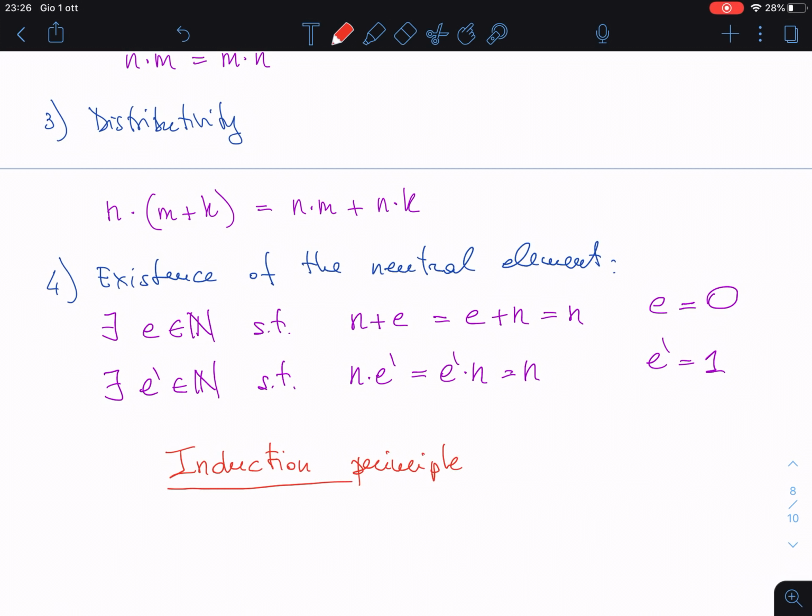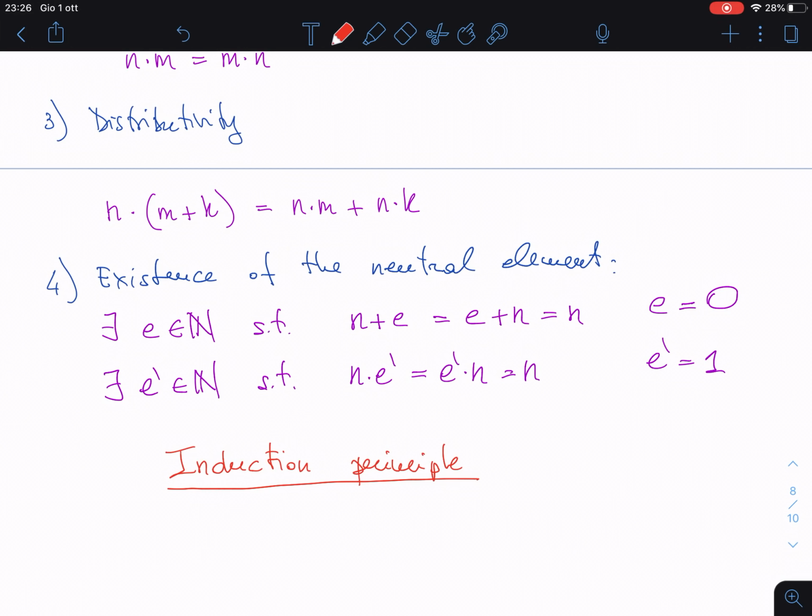This is really what makes the structure of N interesting, what characterizes the structure of N. Of course, N is not the only set that respects induction, but it is the smallest one, the most essential one.